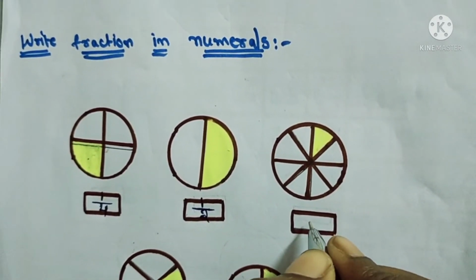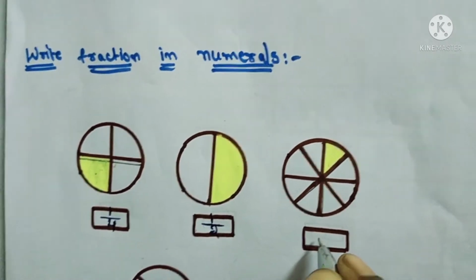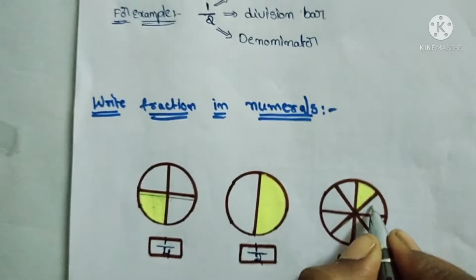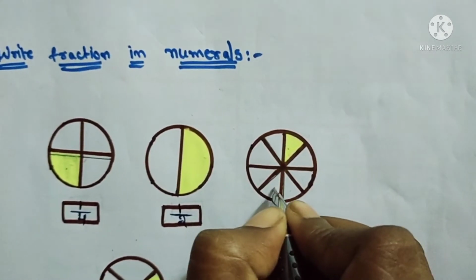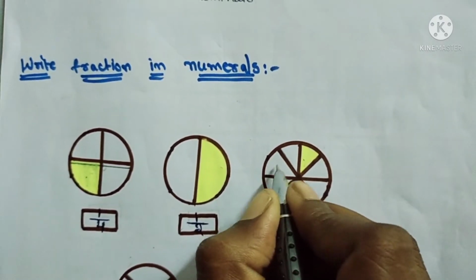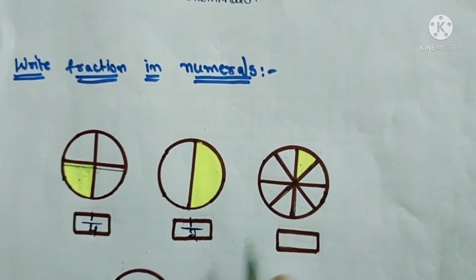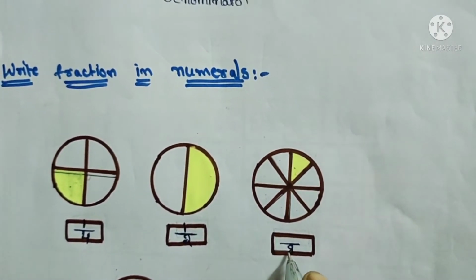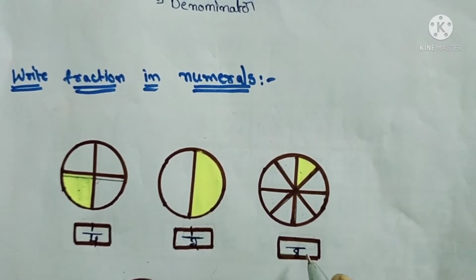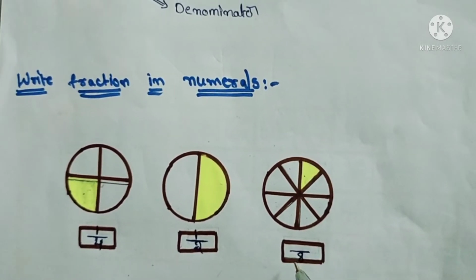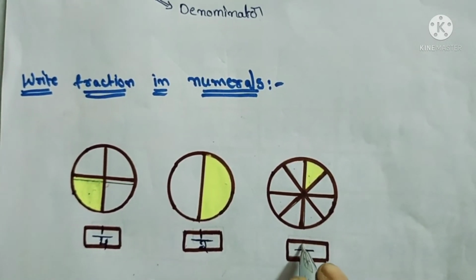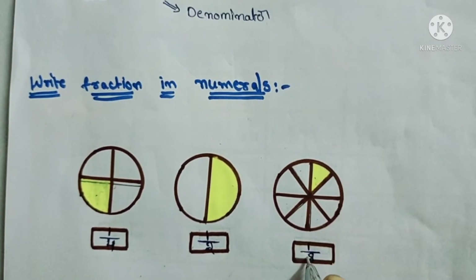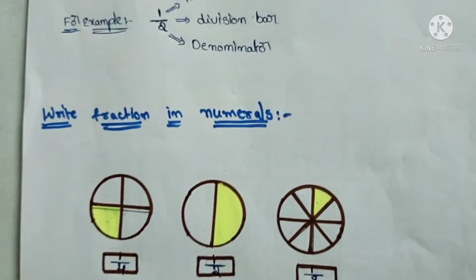Next, how many equal parts are there? 1, 2, 3, 4, 5, 6, 7, 8. So 8 parts are there. How many parts are shaded? 1. 1/8.